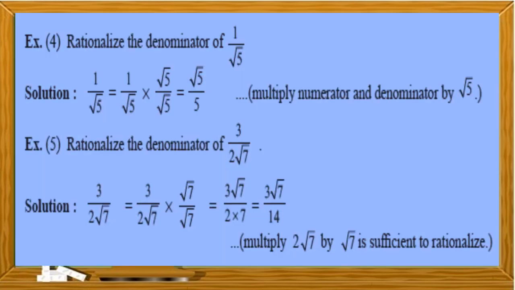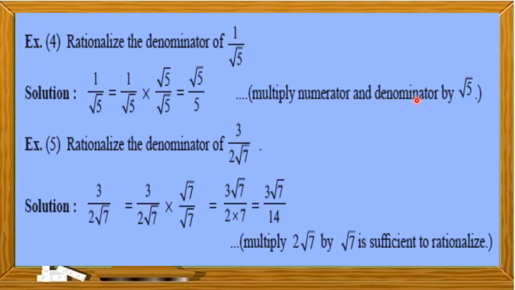In rationalization, we will see the rationalization of the denominator. Example, rationalize the denominator of 1 upon root 5. Solution, 1 upon root 5 is equal to 1 upon root 5 into root 5 upon root 5, which is equal to root 5 upon 5, because root 5 into root 5 is 5.